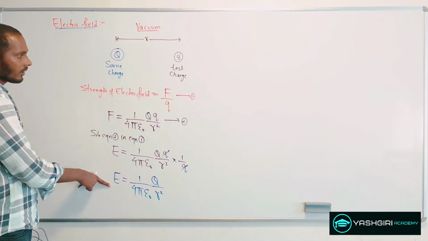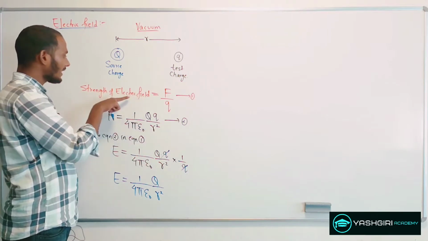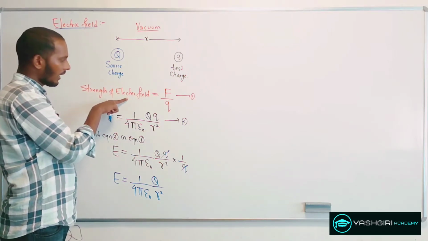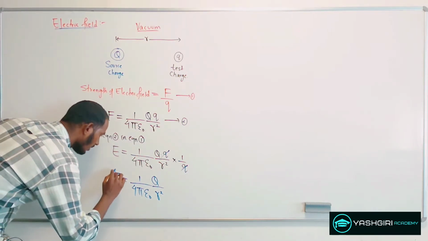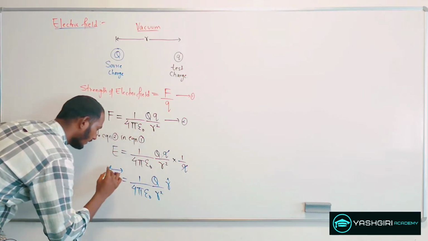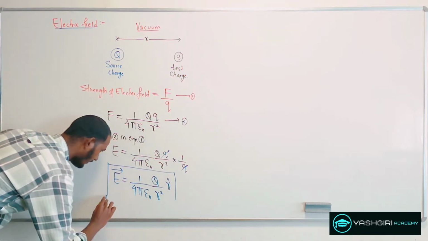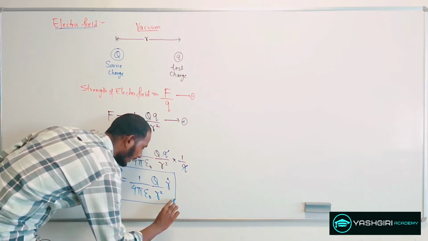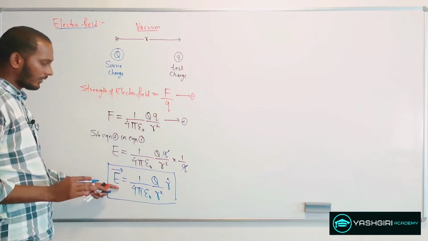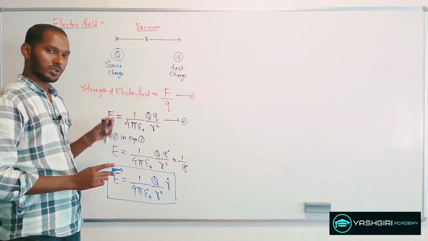Now here the force is a vector quantity, so that means the electric field will also have a direction, which I can show like this, and r cap is the unit vector. So that will give the direction of the electric field. So this is the expression to get the strength of the electric field at any position r from the source charge.